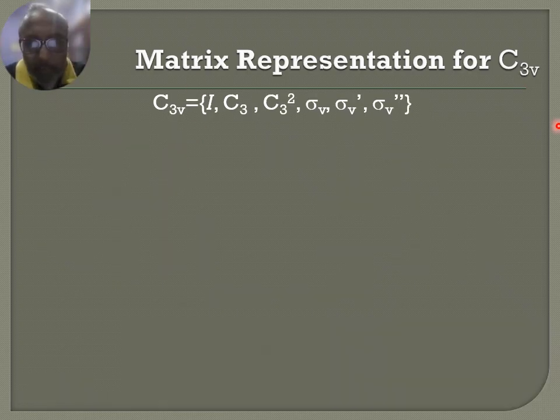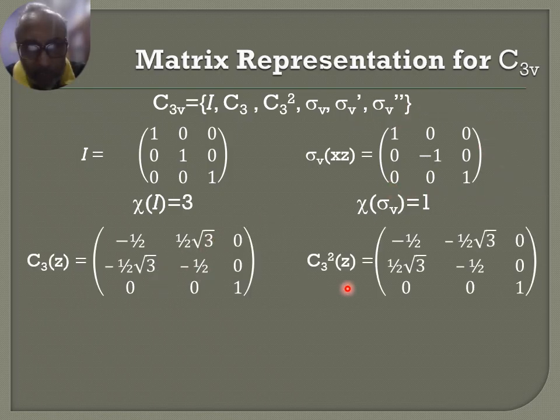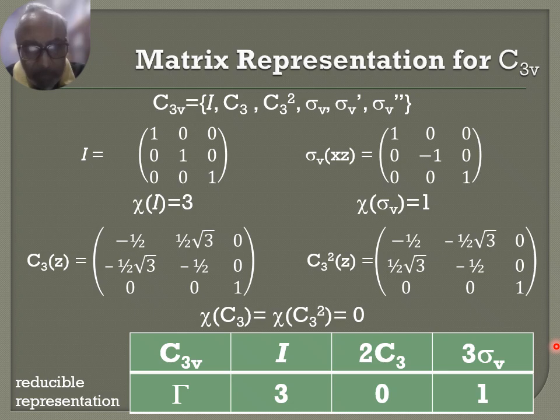As another example, consider the matrix representation for the point group C3v, which we also discussed in the previous episode. The identity is again given by this matrix with trace equal to 3. Sigma v xz is given by this matrix, again with trace equal to 1. C3 and C3 squared are given by these matrices, both of which have trace equal to 0. Thus, this gives us a three-dimensional reducible representation gamma with traces identity equal to 3.